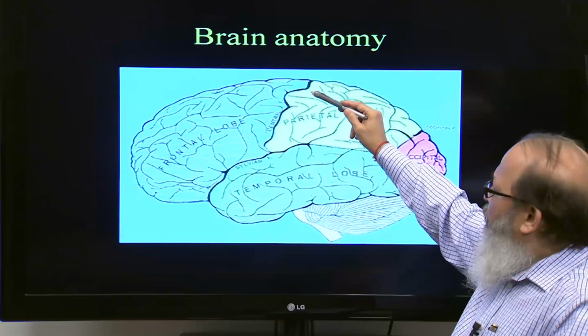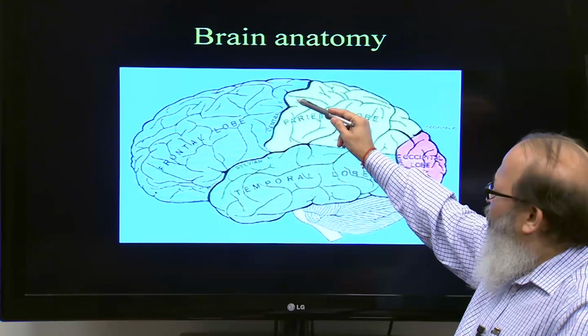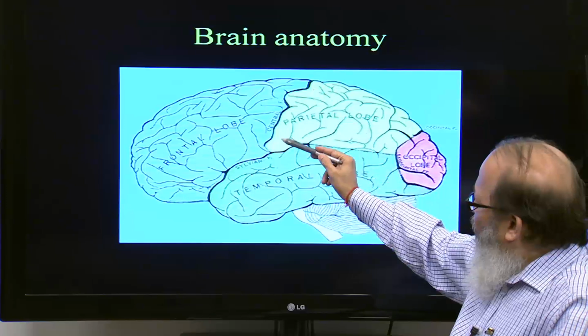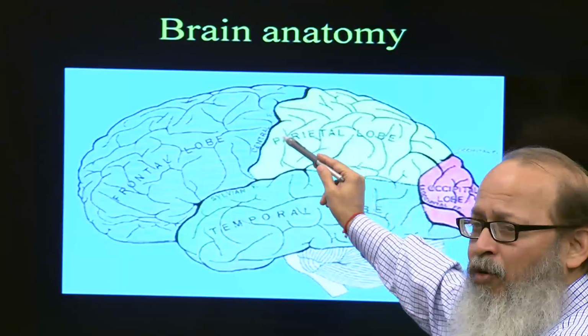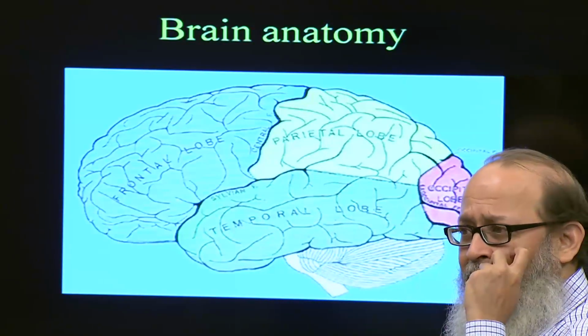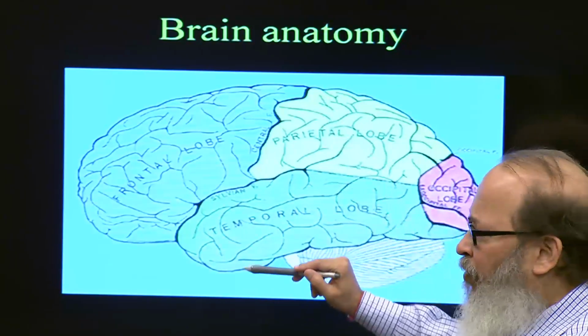Like big toe has a maximum representation here, the face would be somewhere here, the fingers would be somewhere here, the mouth is somewhere here. So, from top to this middle area, the various areas of the body are represented. Touch, heat, pain, everything first goes here.